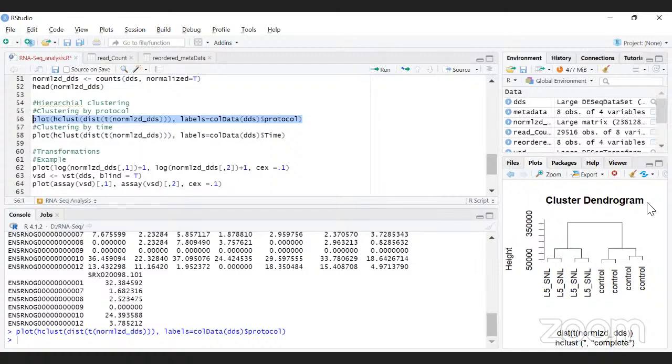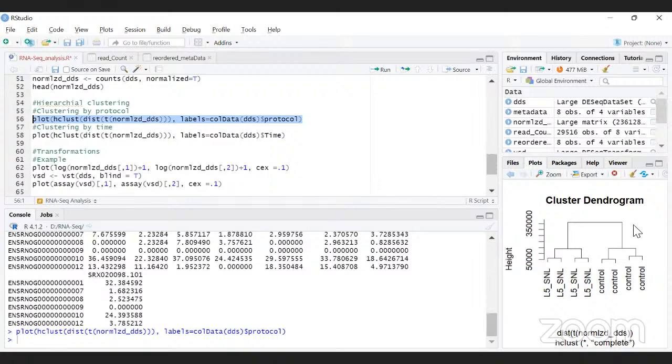When you look at the cluster dendrogram, you can see that there are two main branches, and the controls seem to be in a single branch, and the treated samples are under a different branch.